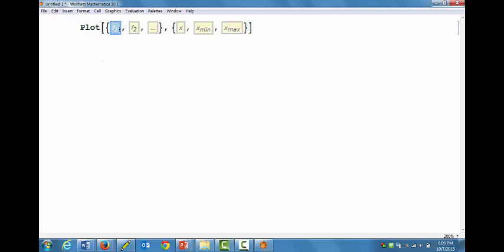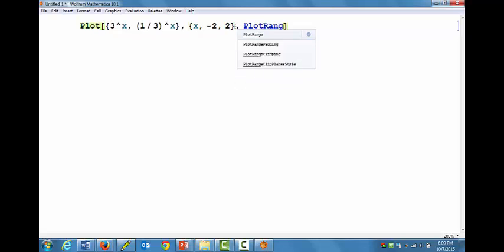I'm going to use the second set of instructions, which allow me to give more than one function. They have to be given as a set. So those two functions are separated by a comma and enclosed in a set of braces. I'm going to let x go from -2 to 2. And I'm going to give my plot range.